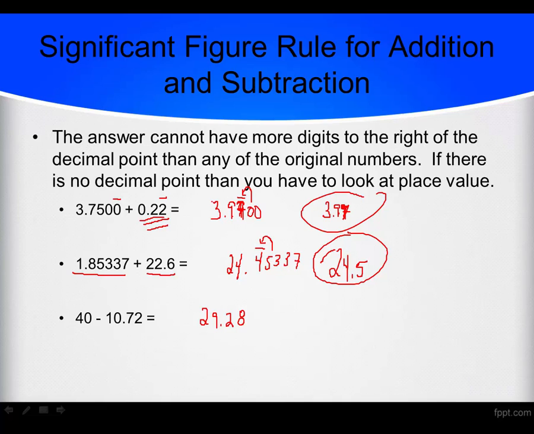Is it the 4 or is it the 0? Okay, I heard 0 and 4. It's the 4, right? There's no decimal here. So that means the 4 is my most precise digit, and the 2 is my most precise digit. So it's either the tens place or the hundredths place. I've got to use the tens place.